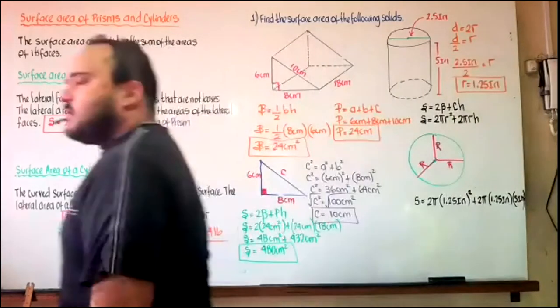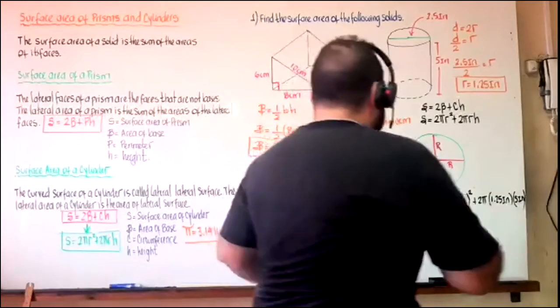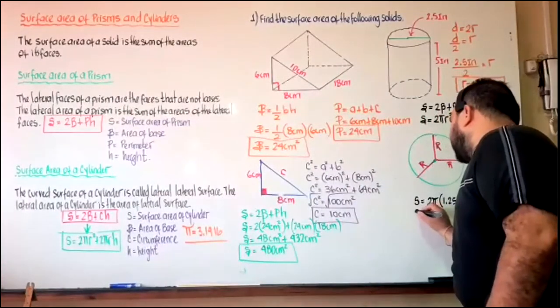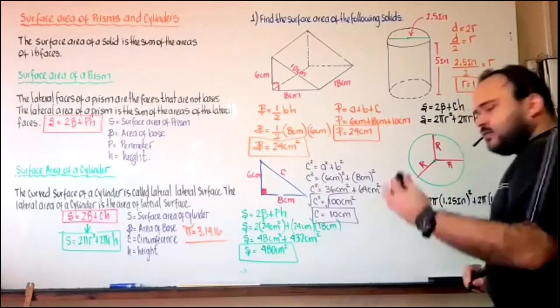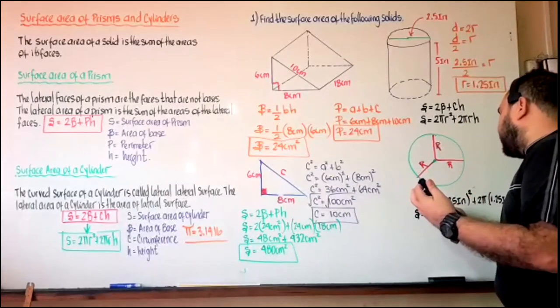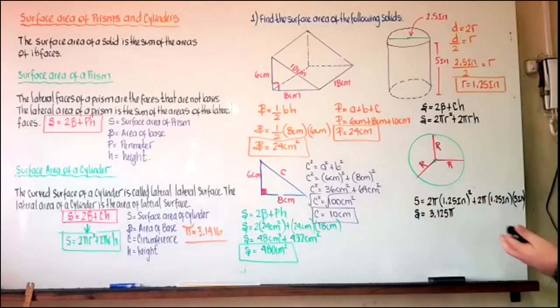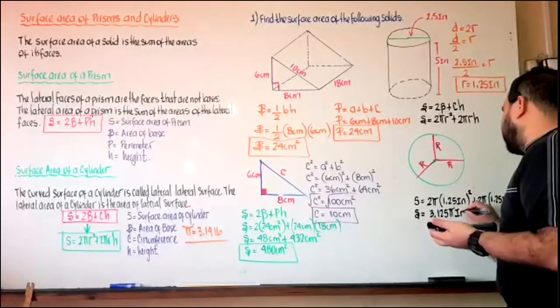We're going to multiply 1.25 to the second power, multiplied by 2, and we get S equals 3.125 pi, for a while, square inches.